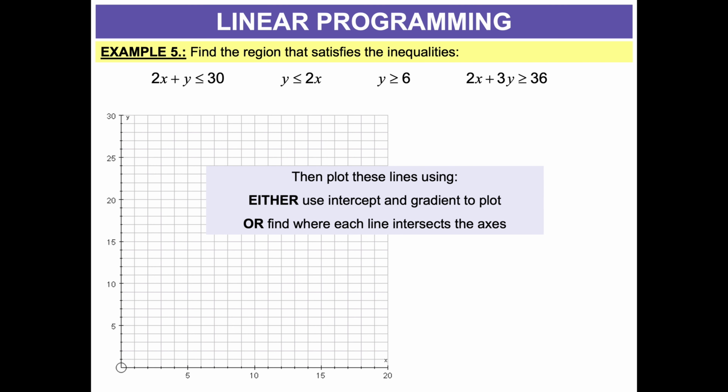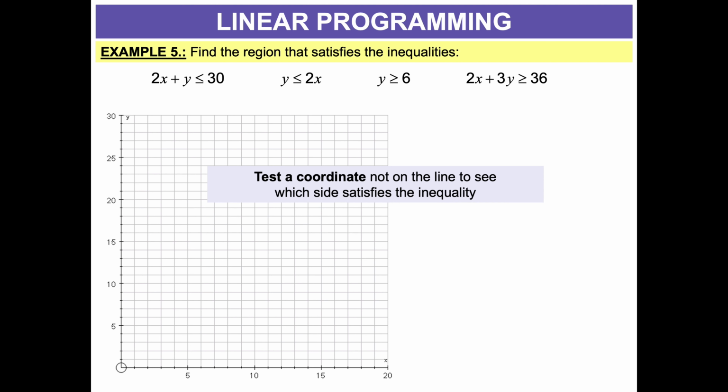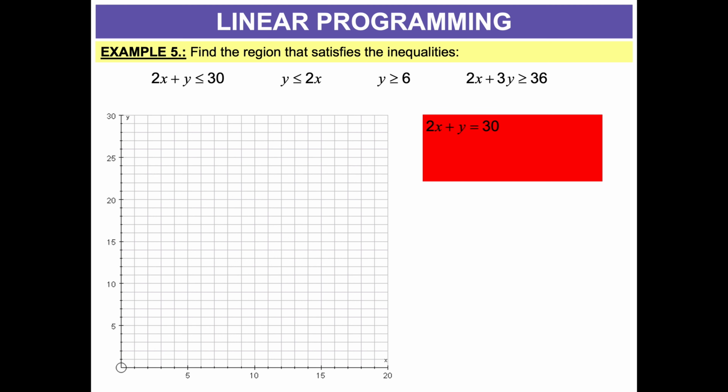So either you can obviously plot the lines using the intercept and gradient, or find where each line intersects the axis, or just identify 2 points from the line. Then we will test the coordinate, that means the point that is not on the line, to see which side satisfies the inequality.